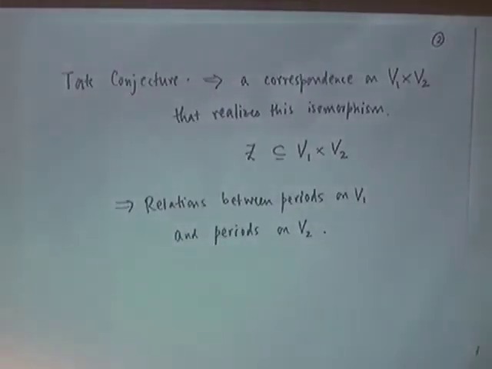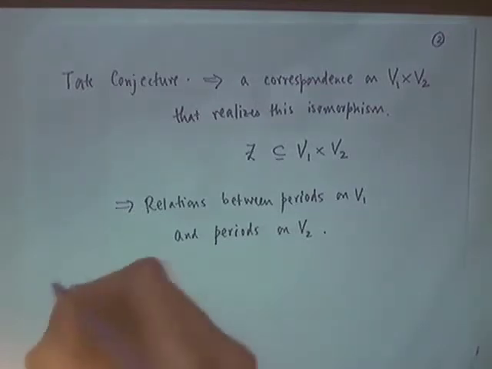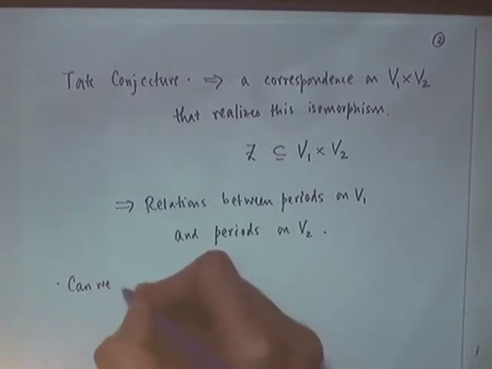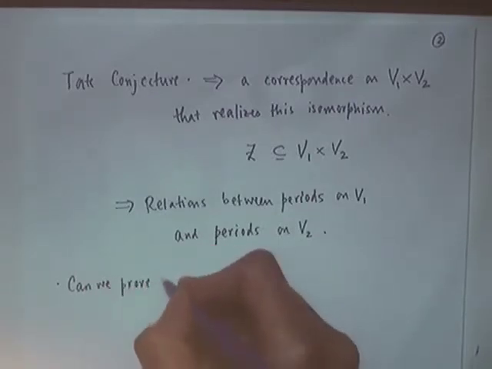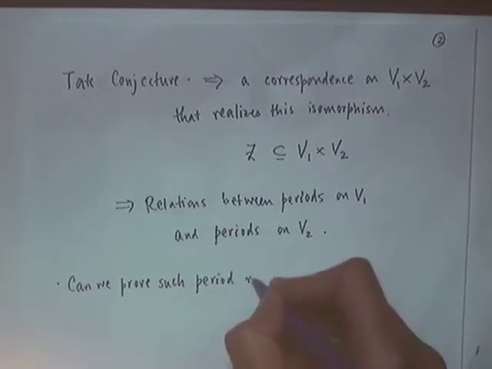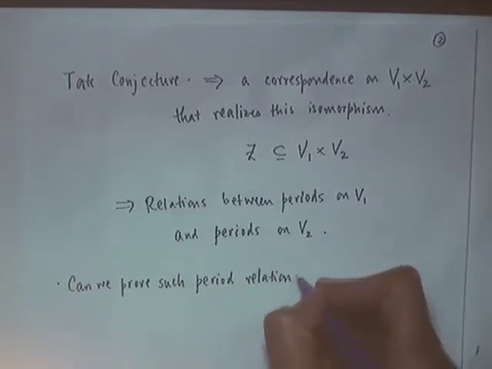If you have an interesting cycle in the product V1 cross V2, you could transfer integrals from one variety to integrals from the other variety. So the question I'm going to focus on is the following. Can we prove such period relations without knowing the Tate conjecture?